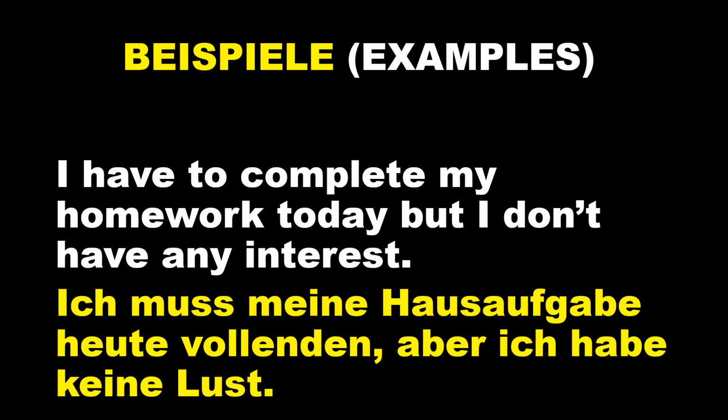Ich muss meine Hausaufgabe heute vollenden, aber ich habe keine Lust. Or: aber ich habe kein Interesse. Both are correct. So that is how we use the third connector aber. Don't forget the comma before aber. That is how we frame sentences using these connectors.